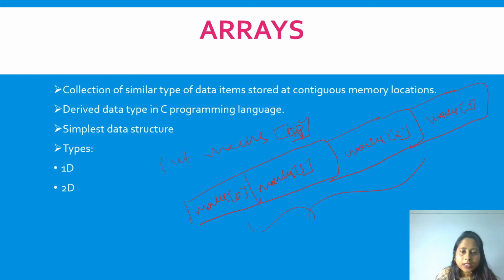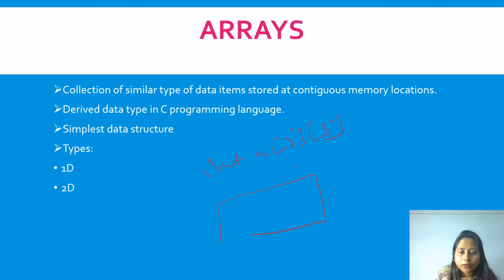Let us understand what is a 2D array. A 2D array is represented in terms of matrices. That is, the elements are represented in terms of rows and columns. Let me show you: int a[3][3]. The first 3 is the number of rows, the second 3 is the number of columns.